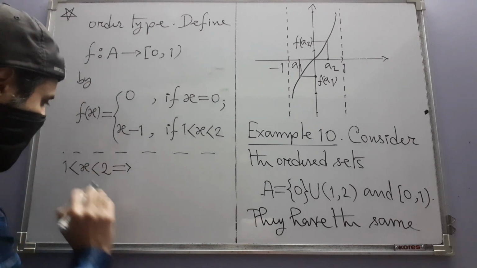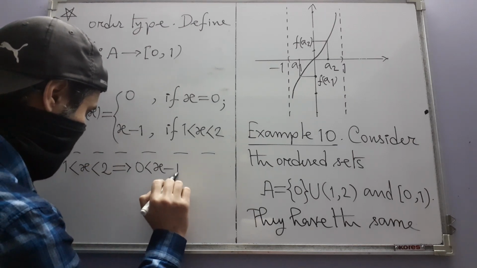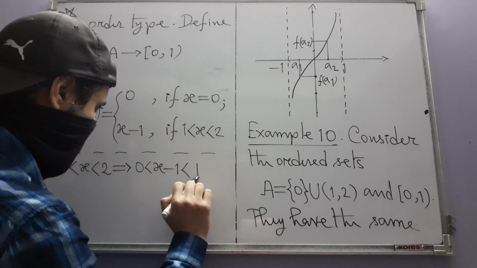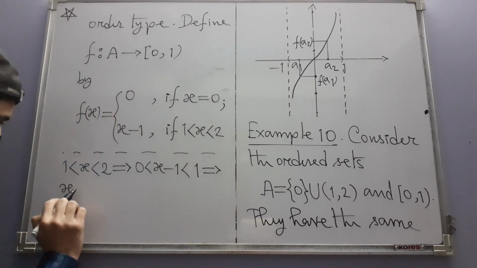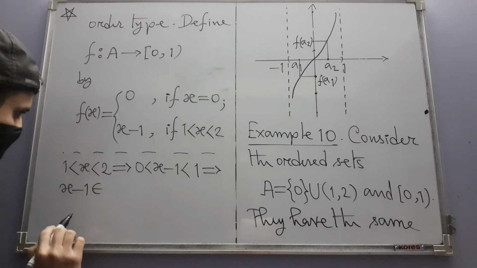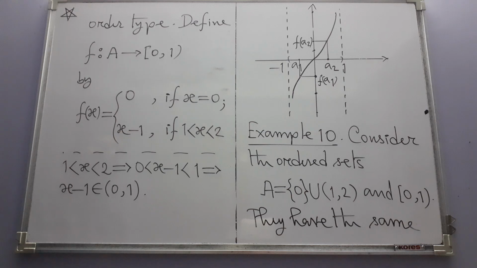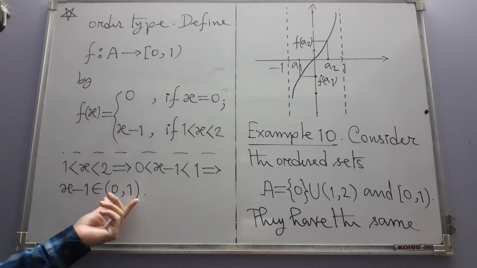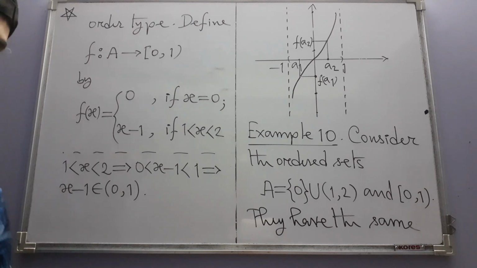If you subtract 1 throughout from all the terms, you get 0 less than x minus 1 less than 1, or x minus 1 belongs to 0 comma 1. Fine. Obviously, this is a subset of this, so x minus 1 lies here.